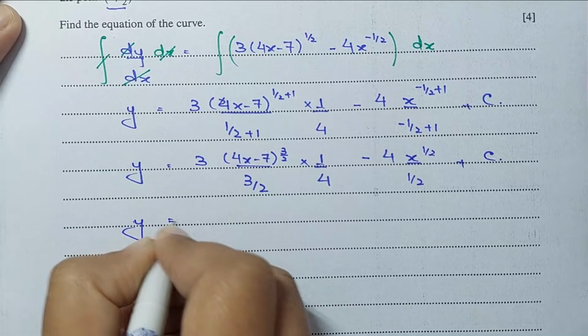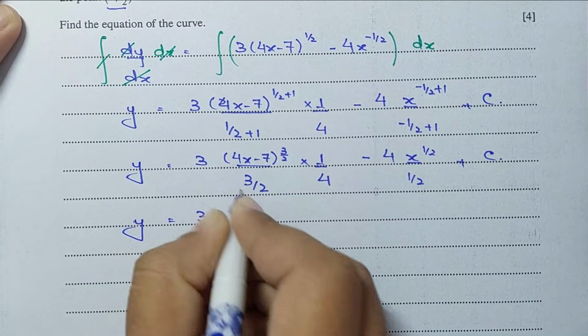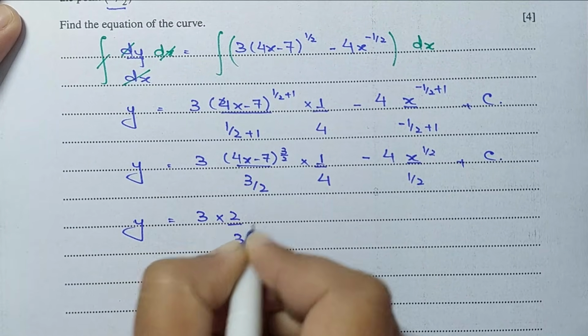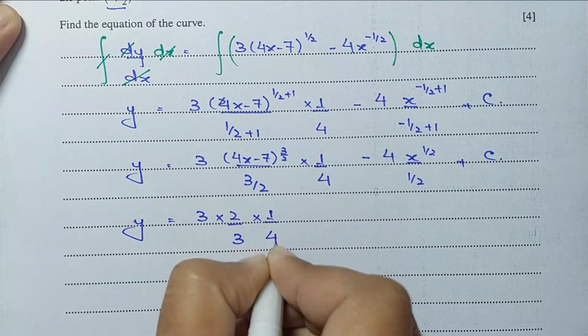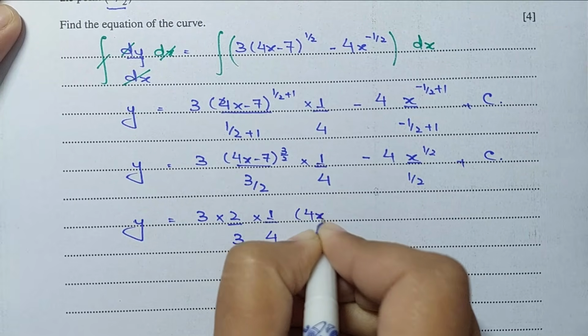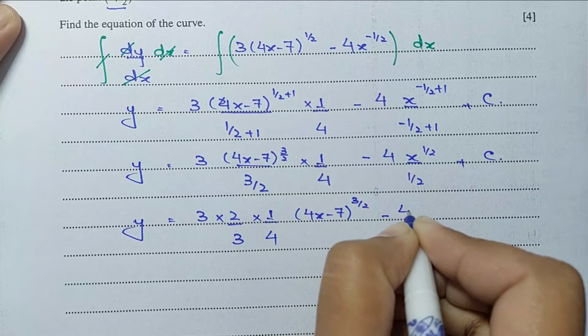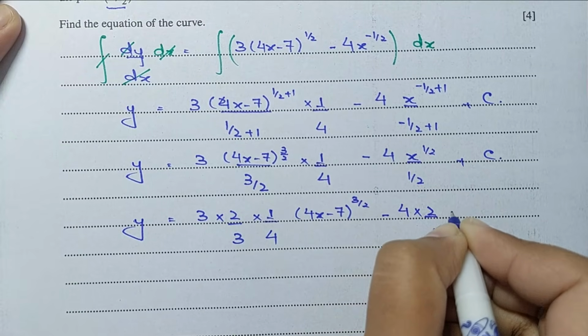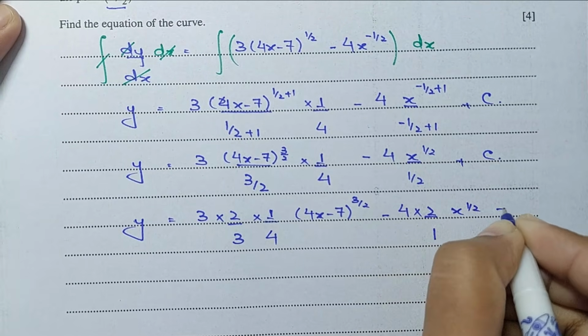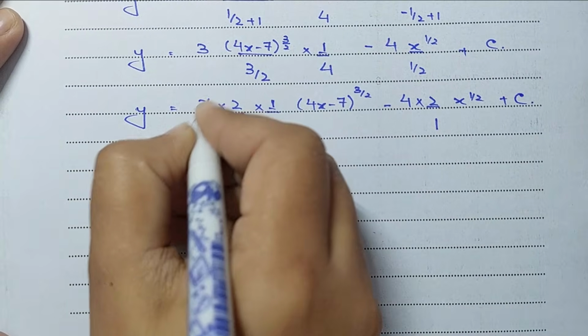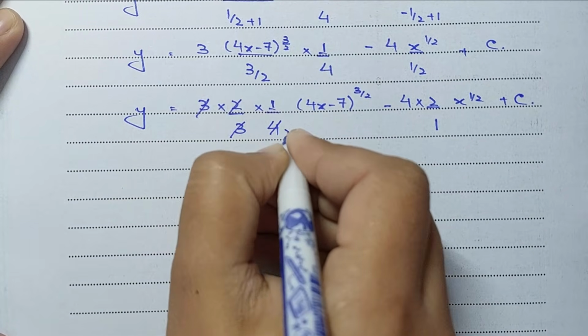So y would be equal to 3, multiply 2/3 and multiply 1/4, and this function is 4x minus 7 with power 3/2. Minus 4, divided by 1/2 is times 2, x to the power 1/2, plus the constant of integration. Okay, so 3 is cancelled with 3, and 2 times 2 would be 4.